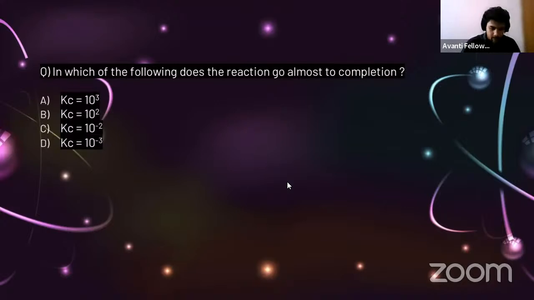Yes, you are right. Directly you can see if 10 power minus 2 or 10 power minus 3 is there, that means it is reactant favorable, going in the backward reaction. It is not going to completion.